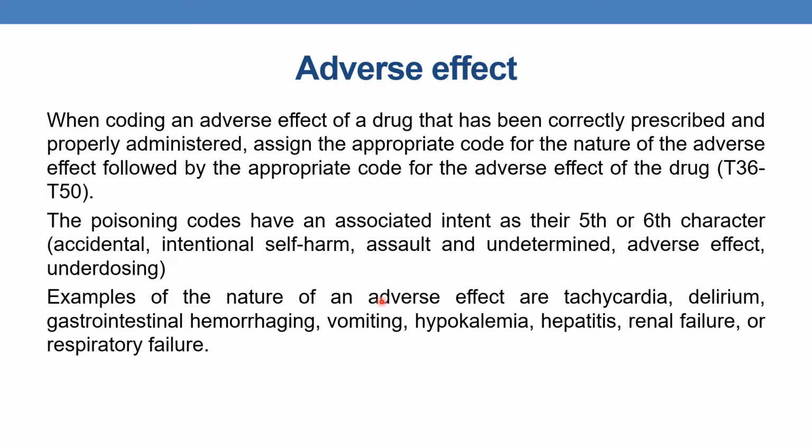Depending upon the scenario, you will select the appropriate fifth or sixth character. Examples of nature of adverse effects are tachycardia, delirium, gastrointestinal hemorrhage, vomiting, hypokalemia, hepatitis, renal failure and respiratory failure.